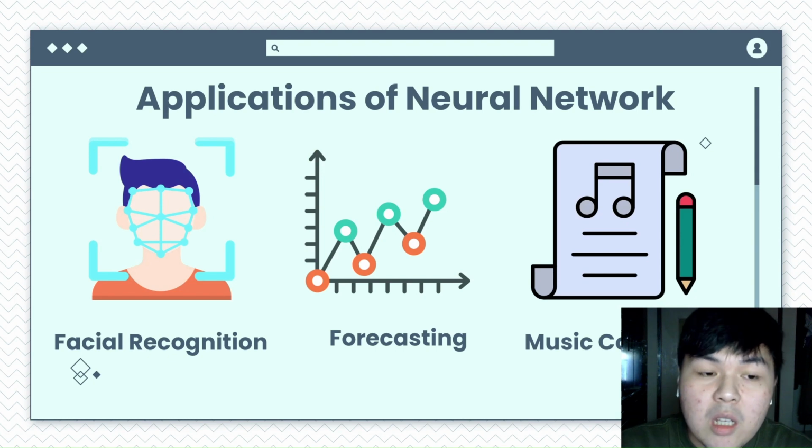For forecasting, neural networks are trained to understand patterns and detect the possibility of rainfall or a rise in stock prices with high accuracy. And for music composition, neural networks can learn patterns in music and train themselves enough to compose a fresh tune.